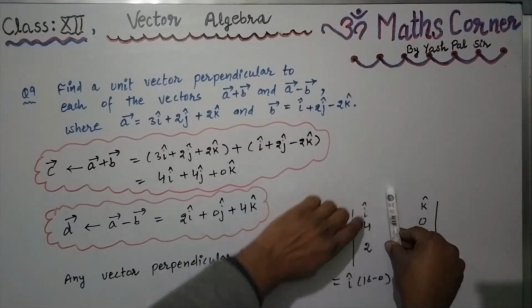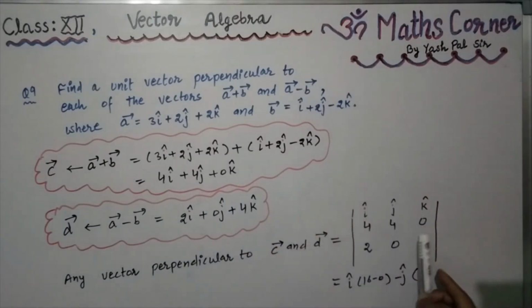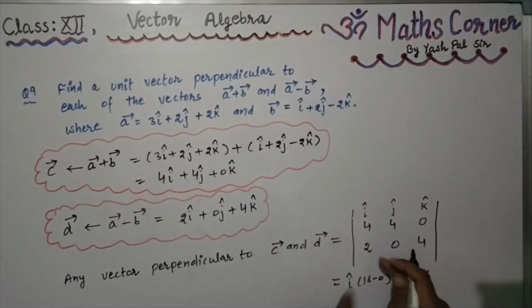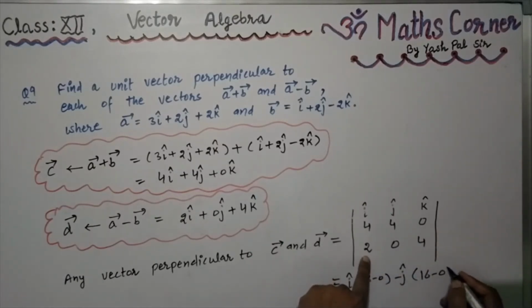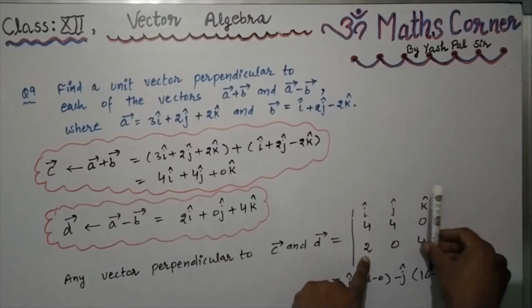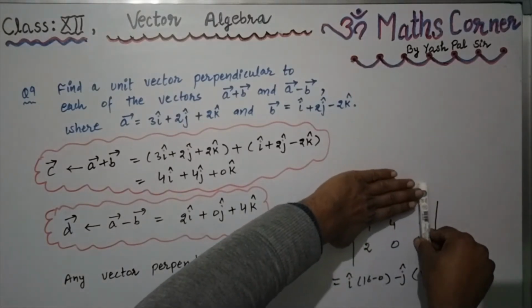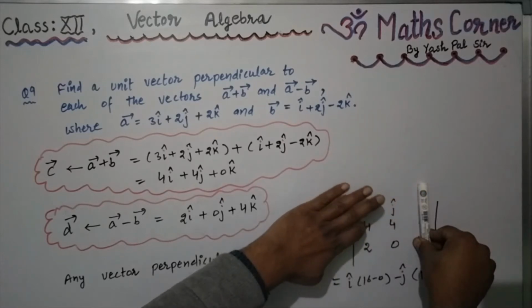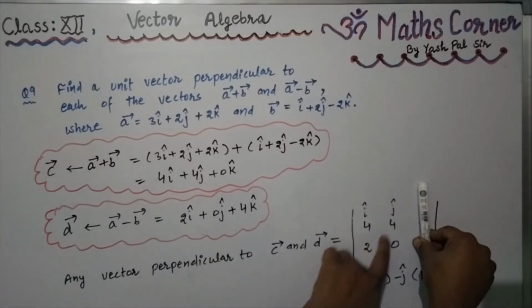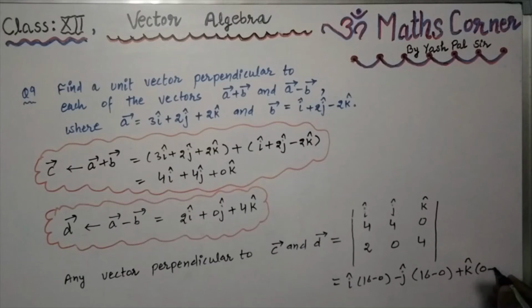Next is minus j, corresponding row and column removed, so 4 into 4, 16, minus 2 into 0, 0. Plus k, corresponding column and row removed, 4 into 0, 0, minus 2 into 4, minus 8.